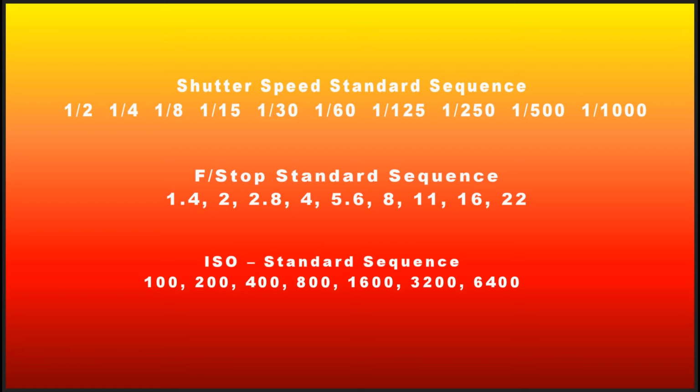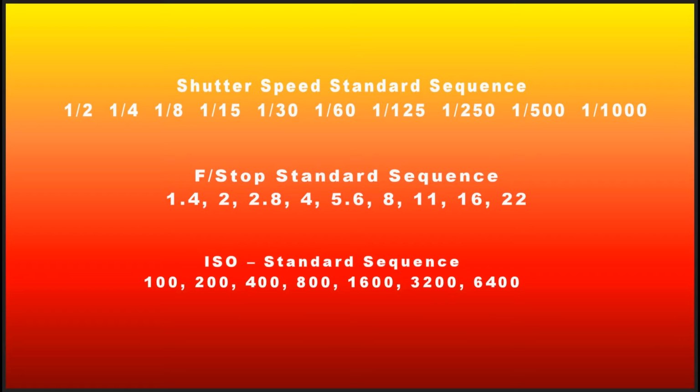The f-stop sequence, with the largest opening to the smallest, is 1.4, 2, 2.8, 4, 5.6, and so on. Now in f-stop, the larger number equals a smaller aperture. So at f2, the lens is almost completely wide open, and at f22, the lens is almost completely closed. It's a very small opening.